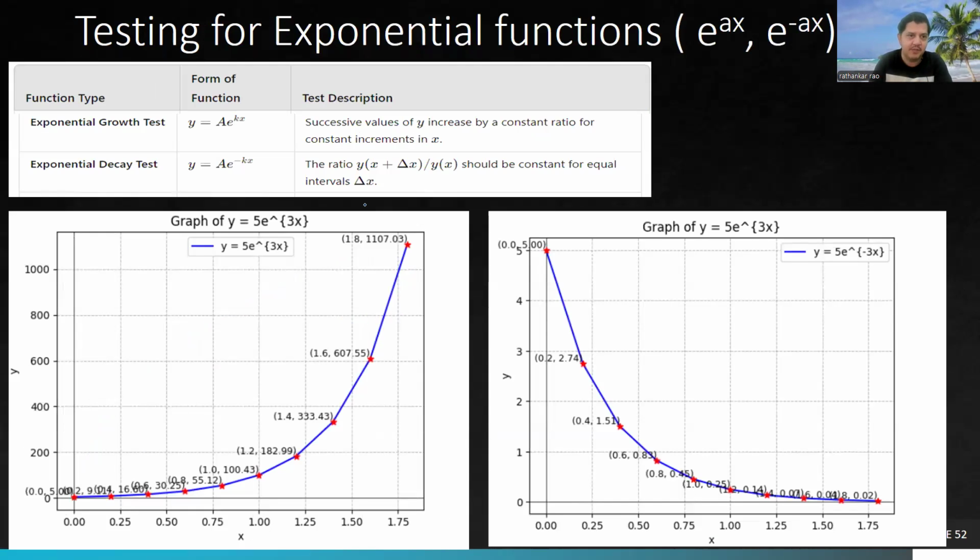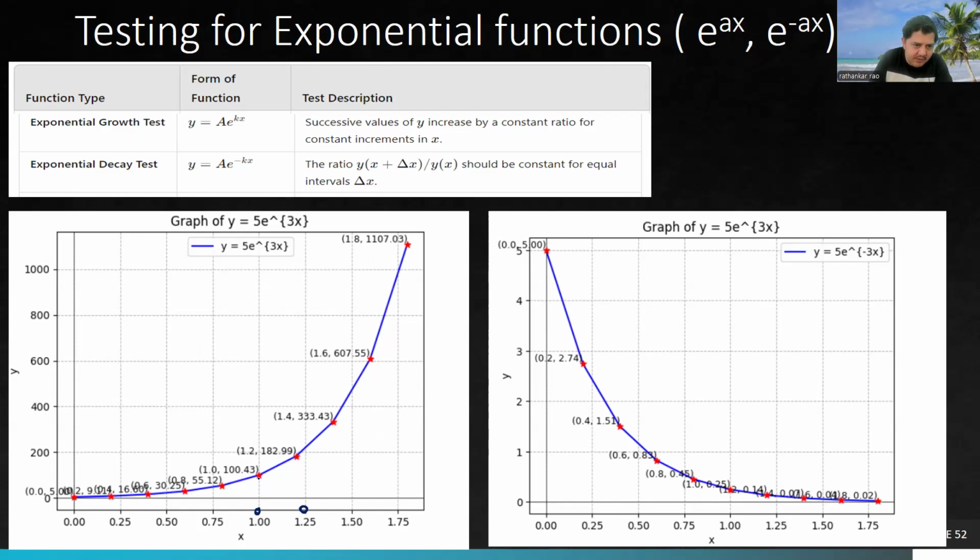Testing for exponential functions, e to the power of ax and e to the power of minus ax. Now, how do we do this? Here, successive values of y increase by a constant ratio for constant increments in x. Let us say, for example, I'll take up two values. Let me take x equal to 1 and x equal to 1.25. So what is the value corresponding to it?